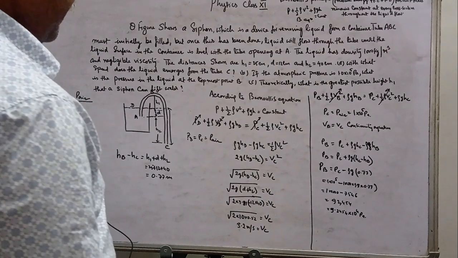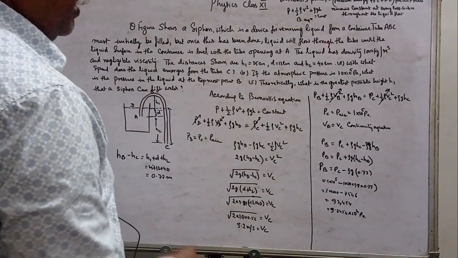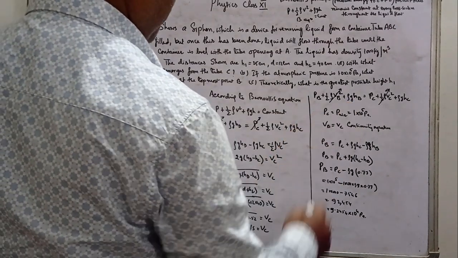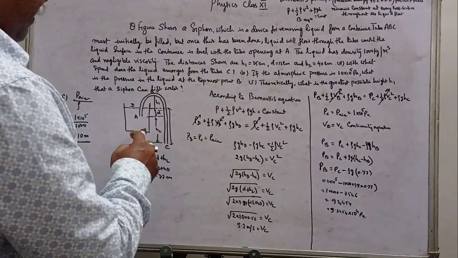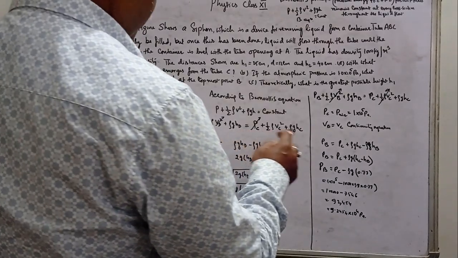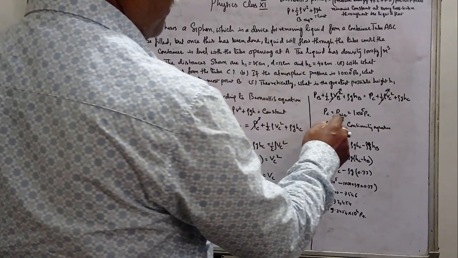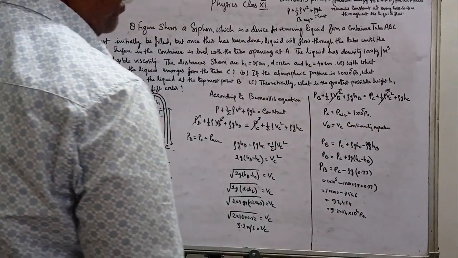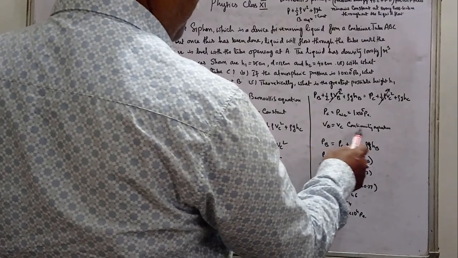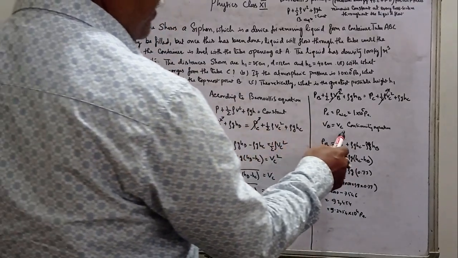For the second case, pressure at B, again we apply Bernoulli's equation. PC is open to air, so it is atmospheric pressure, and from the continuity equation VB is equal to VC.